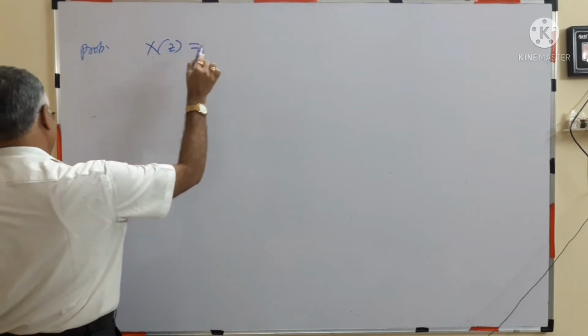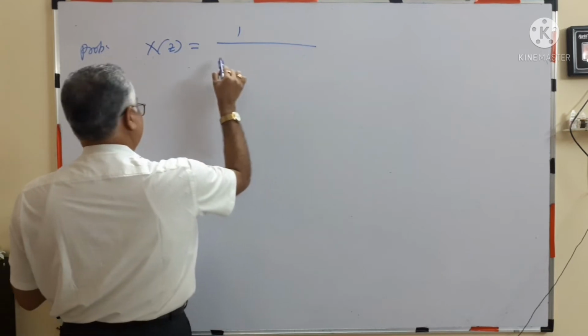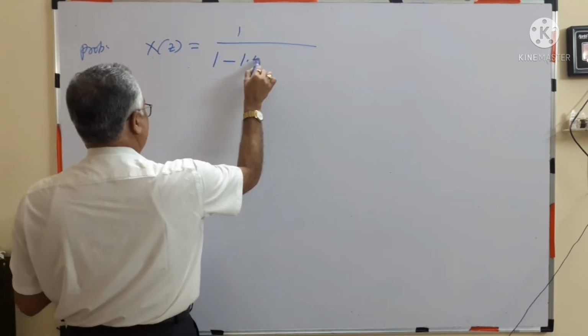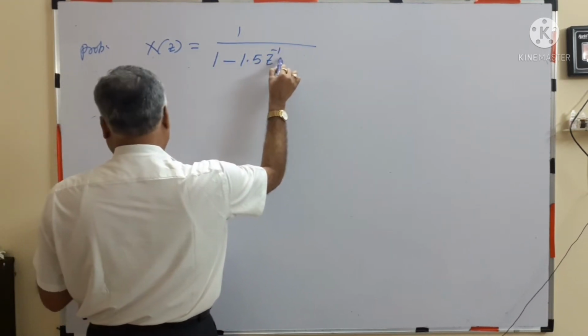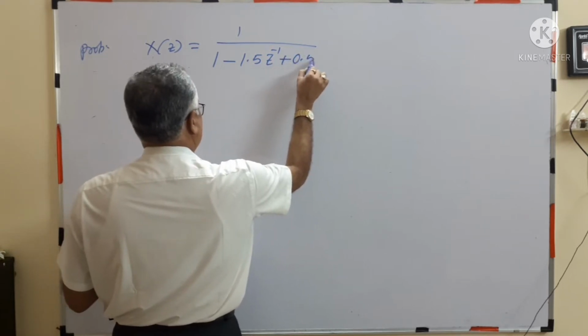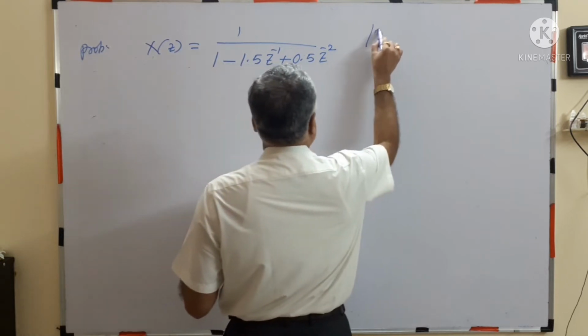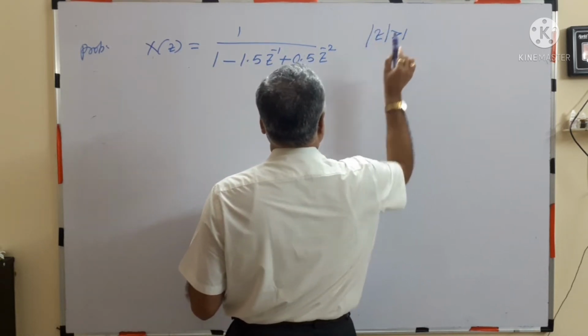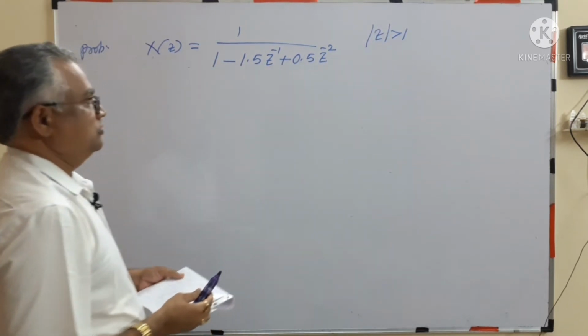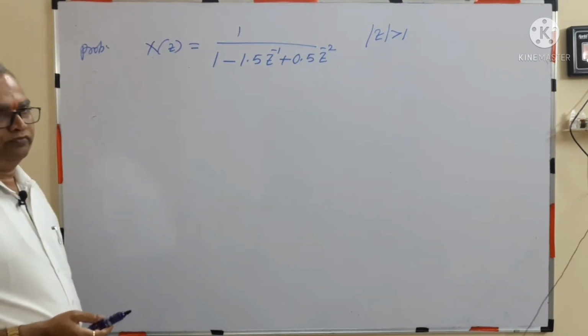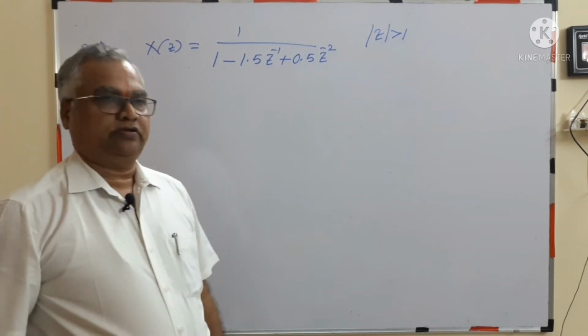X of z equal to 1 by 1 minus 1.5 z inverse plus 0.5 z power minus 2, mod z greater than 1. So find x of n using the residue method.